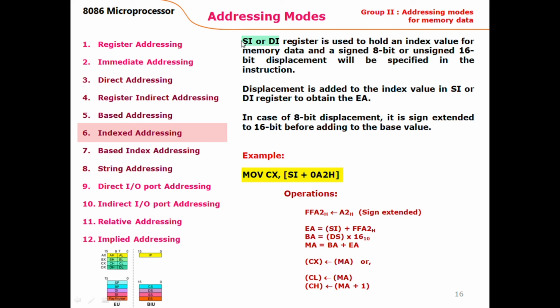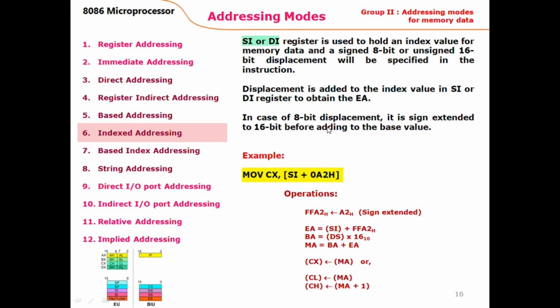The source index or destination index register is used to hold an index value for memory data, and just like base addressing, a signed 8-bit or unsigned 16-bit displacement will be specified inside the instruction. Displacement is added to the index value stored in these registers to obtain the effective address.